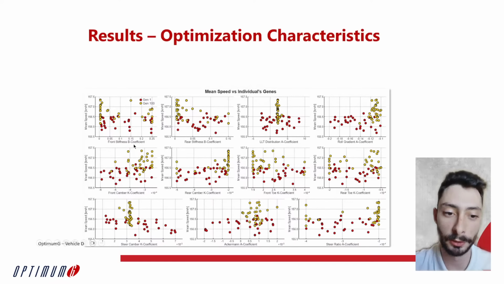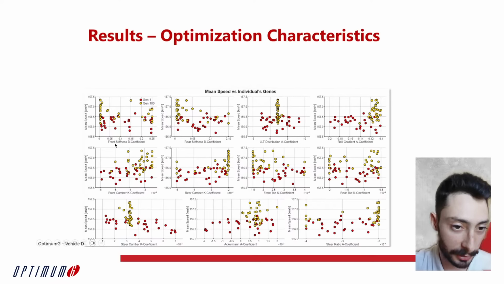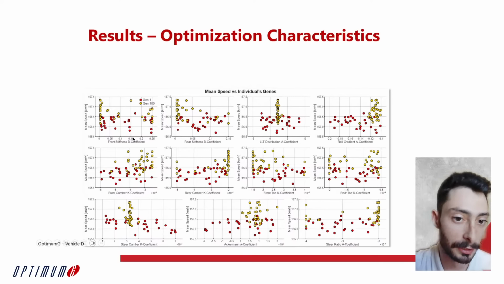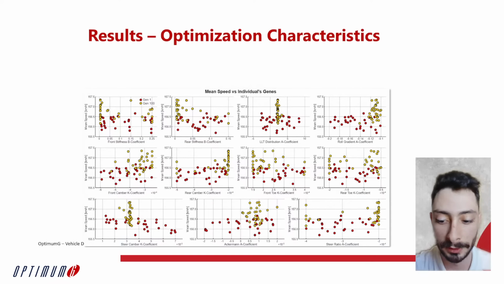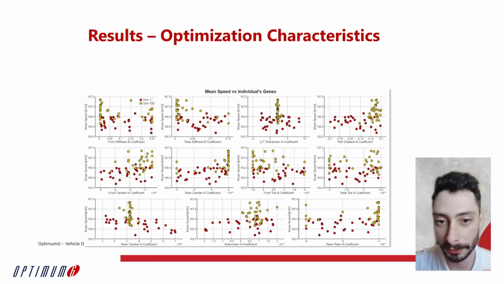For example, the coefficient that controls the front stiffness versus heave kinematic curve, which is something that the algorithm is going to be changing, can have values between 0 and 0.25. The red points are the individuals, the different cars present in the first generation, and the yellow points are the cars present in the last generation, which is the 100th generation in this case.